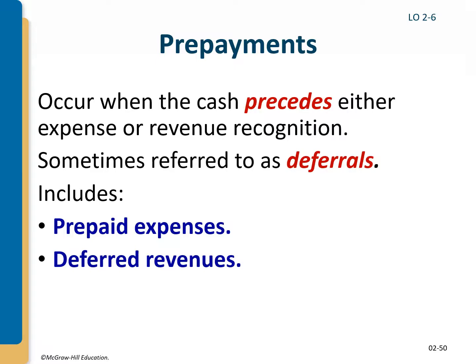The other situation could be that we received the cash before we performed the service, like the subleasing to a company. We said, pay us $1,000 and you could lease some space from us over the next 2 months. Well, the day we got the cash, we didn't provide any service yet. So as of the day we received the cash, we had deferred revenue or unearned revenue.